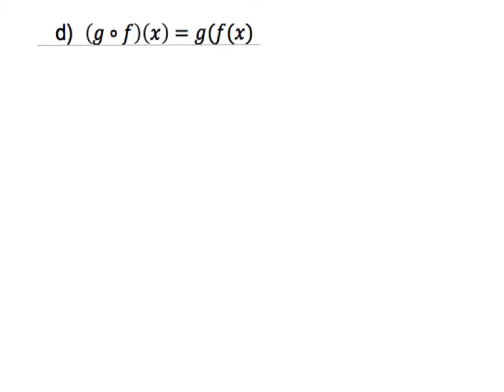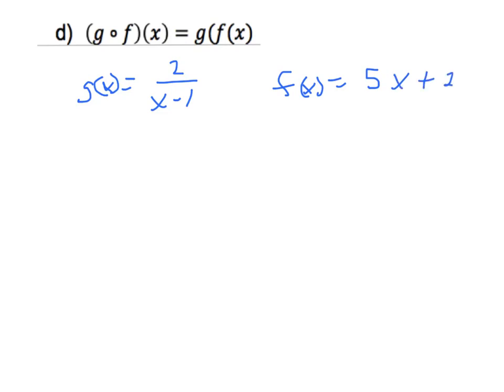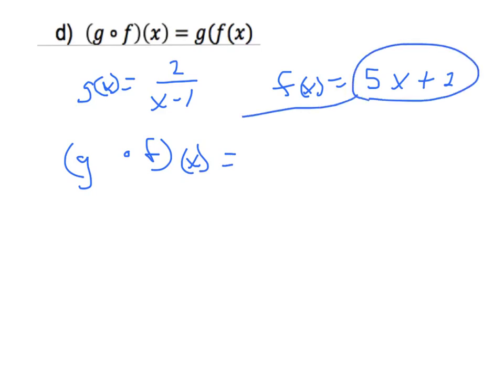Okay, so remember, we have our g function. g of x was equal to 2 over x minus 1, and our f of x function was equal to 5x plus 1. This time, since I am finding g of f of x, that means I am going to substitute this function right here in for the x value right there.